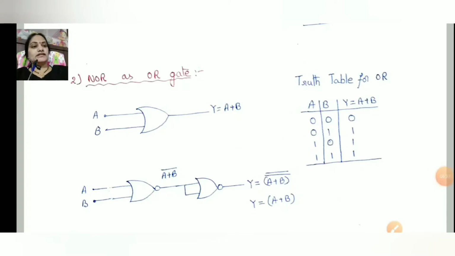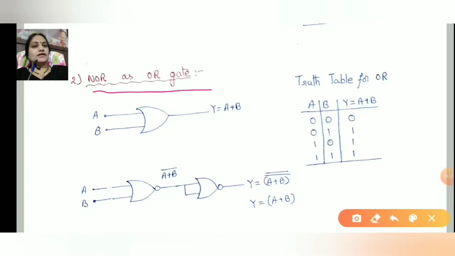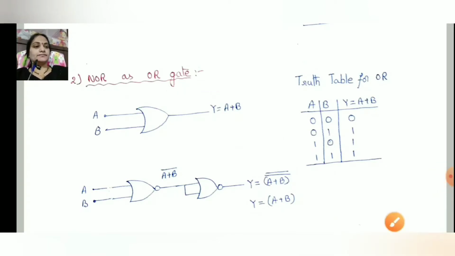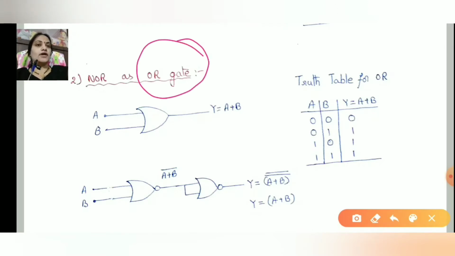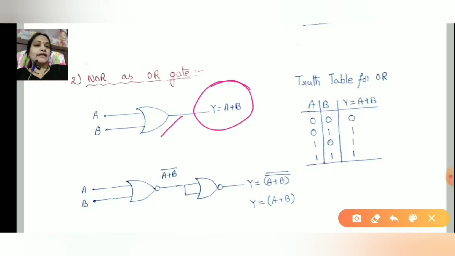Now the second one, that is NOR as OR gate. That means you have to prove OR gate operation from NOR gates only. So here is the OR gate. Okay. So what is the output for OR gate? That is addition of its inputs.